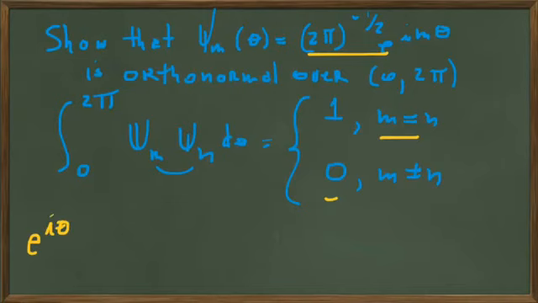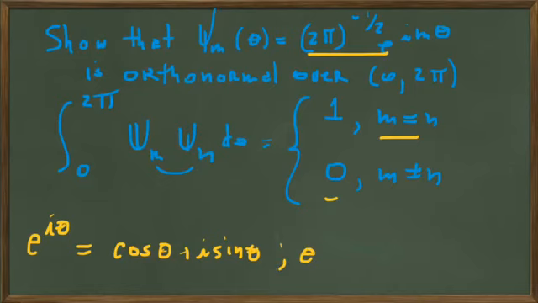e to the i theta is defined by de Moivre's theorem to be cosine theta plus i sine theta. I think you saw a proof of that at one point. I'll show it quickly on the next blackboard.